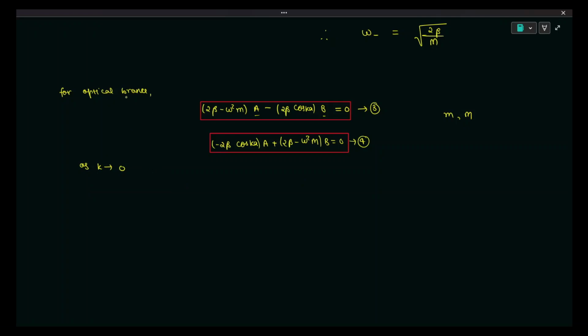So for this optical branch, as k tending to 0, so basically towards the origin, if you remember, we have approximated the value of cos Ka to be approximately equal to 1.